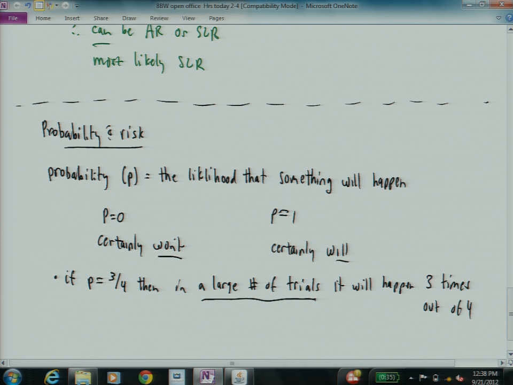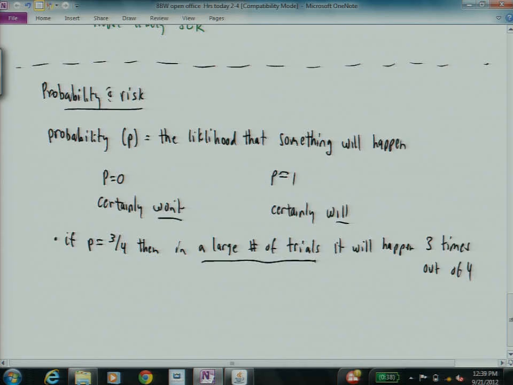All right. So there's a rule about probabilities that the probability of A and B is equal to the probability of A times the probability of B. There's lots of different examples you can think of.